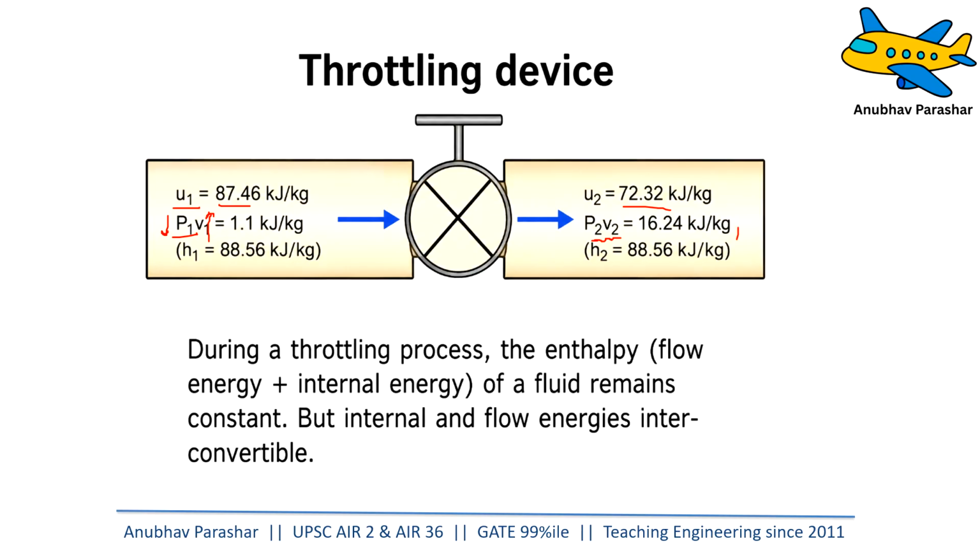So now, if you look at enthalpy, it is the summation of internal energy and flow work. This remains constant. Even though there is a pressure drop and a temperature drop, because of the substantial increase in volume, the enthalpy remains constant.